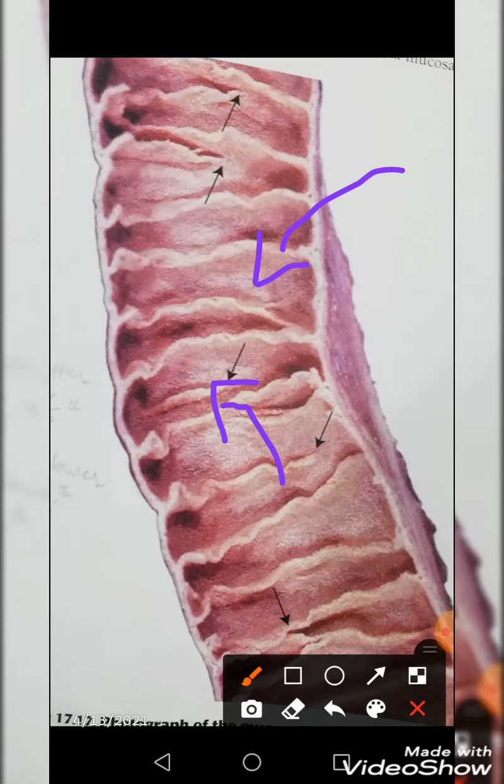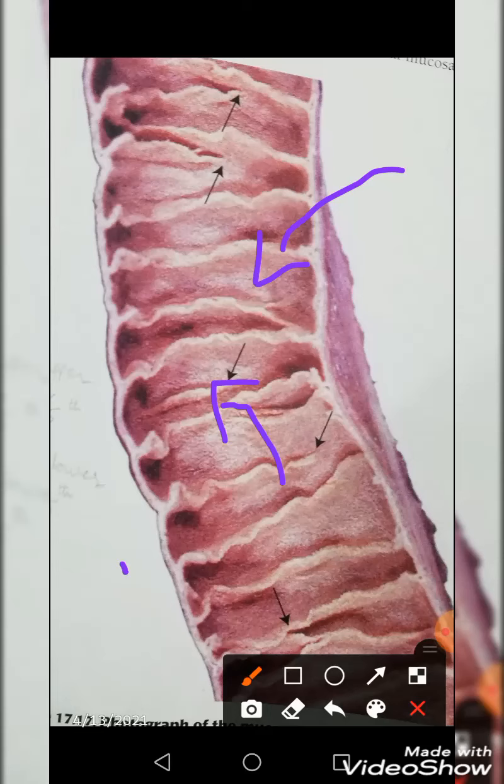They consist of the mucosa and a submucosa core, and they extend about 1/2 to 2/3 of the luminal circumference. Why are they there? They increase the surface area of your mucosa about 3 times.